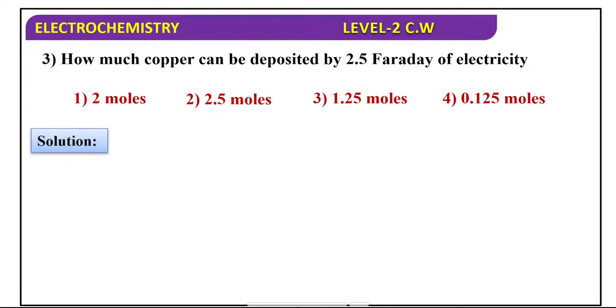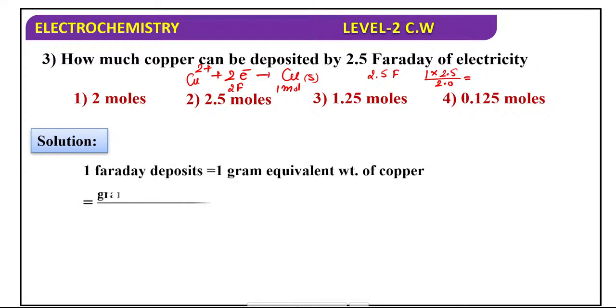So you know copper, in most of the cases it is 2 plus in aqueous solution, so it will gain 2 electrons. So 2 Faraday of electricity will deposit 1 mole of copper. So 2.5 Faraday of electricity will deposit 1 into 2.5 over 2, that means 1.25 mole.